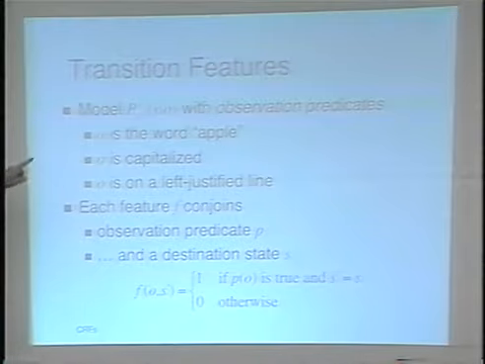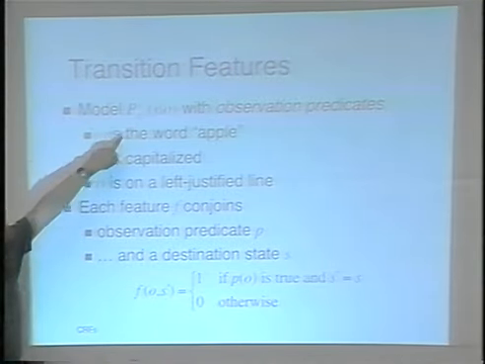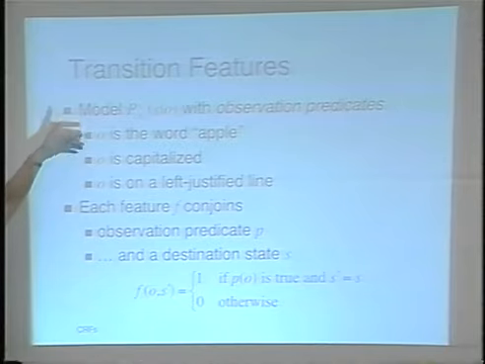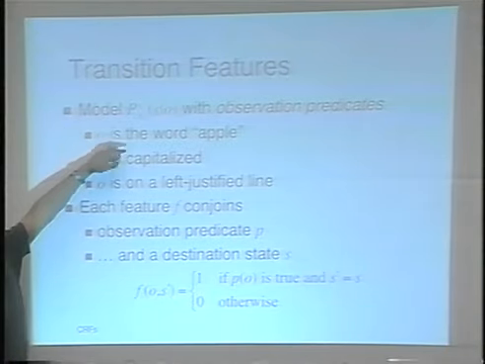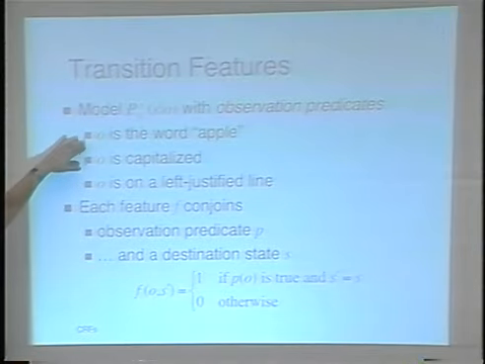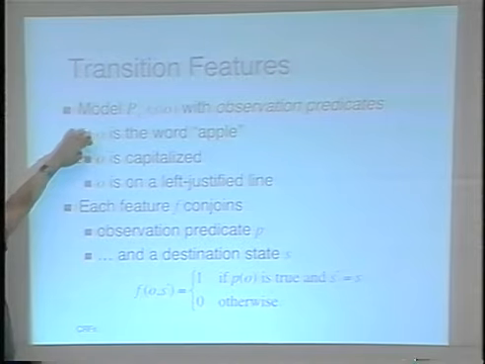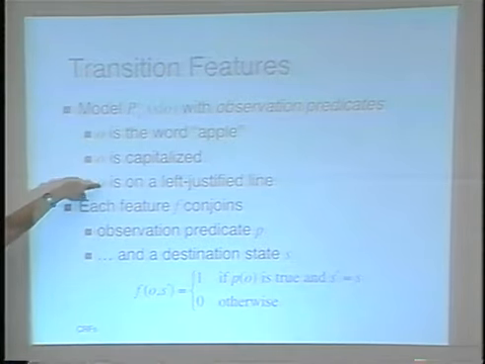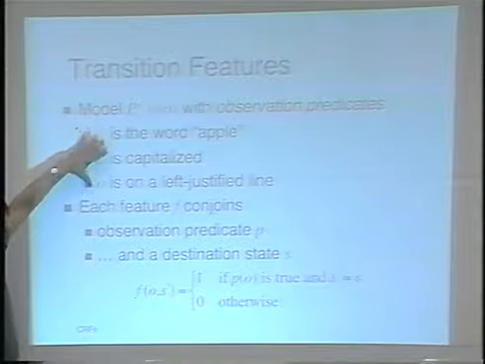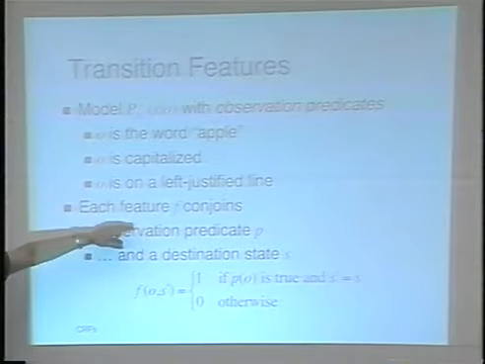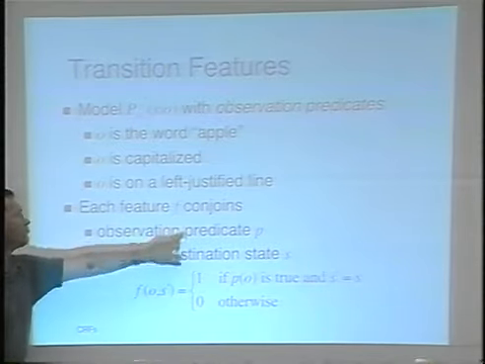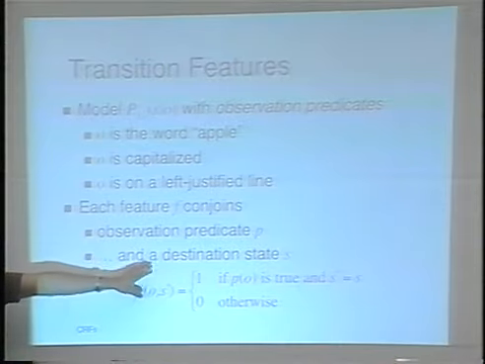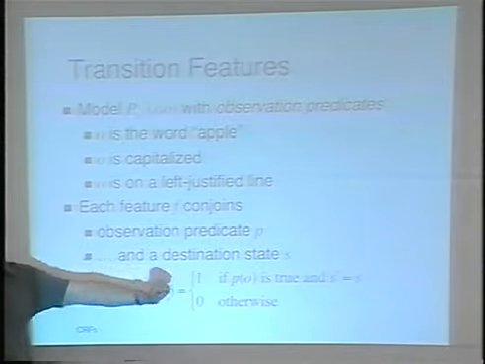So now, how do we model this? We're going to essentially use an exponential model in a maxent style. We're going to consider a set of features of the observation, say what the word might be at that position, whether it's capitalized, what its context might be, and we're going to consider a set of predicates, and then a set of features which are one of these observation predicates, something that just looks at the input, and a choice of a destination state.